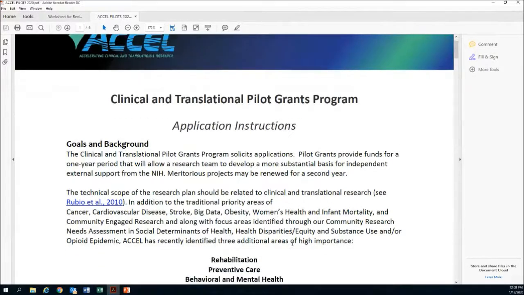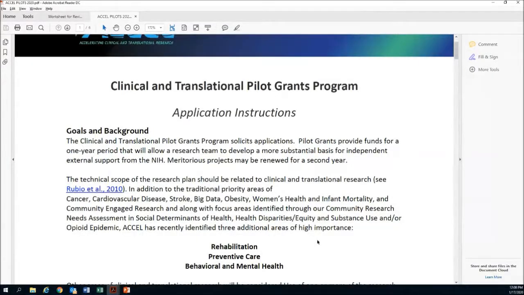The CTR has a relatively broad scope of things that they're looking for. And to be clear, these topic areas are not meant to restrict submissions. They're meant to be areas that the CTR really wants to see grants from. So cancer, cardiovascular disease, stroke, big data, obesity, women's health, infant mortality, and community engaged research have been staples of CTR's programs for a while.